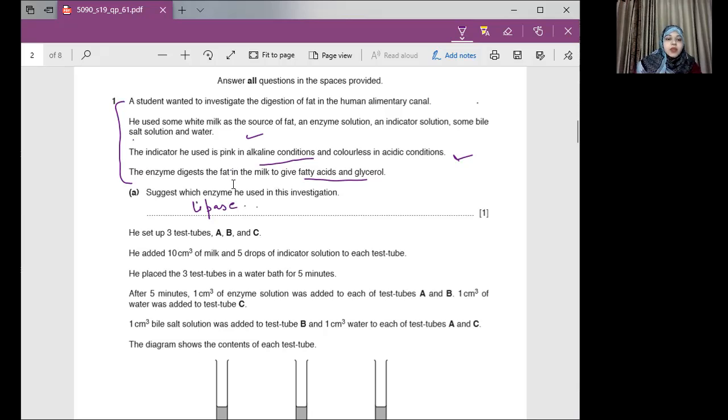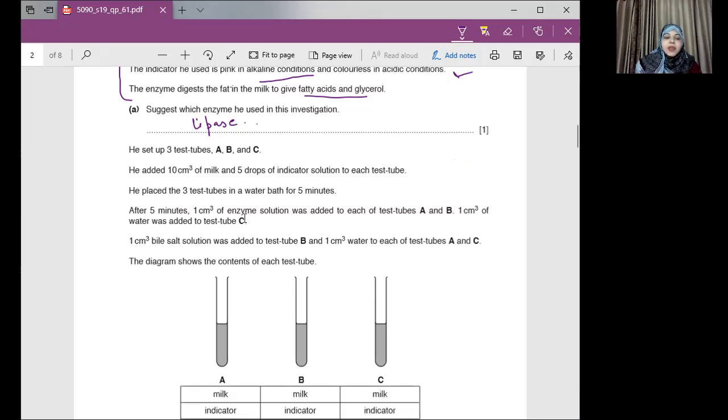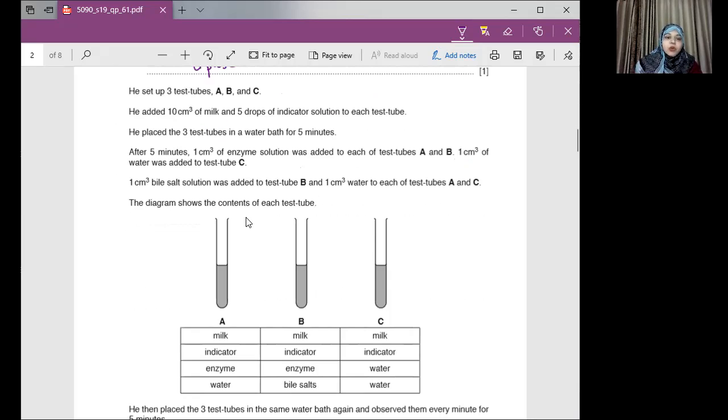He set up 3 test tubes A, B, and C. He added 10 ml of milk and 5 drops of indicator solution to each test tube. He placed the 3 test tubes in a water bath for 5 minutes. After 5 minutes, 1 centimeter cube of enzyme solution was added to each test tube A and B, and 1 centimeter cube of water was added to test tube C. Look at this one.